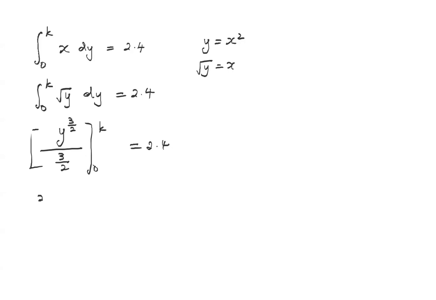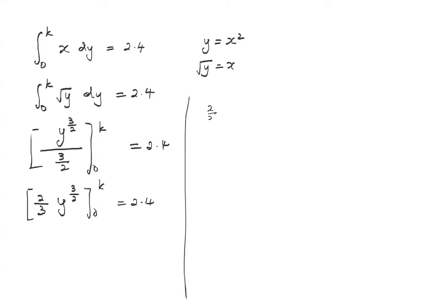So 2 over 3 y to the power of 3 over 2. Sorry, I do step by step. 0 to k equal to 2.4. So from here, 2 over 3 k to the power of 3 over 2 is equal to 2.4, minus 0.